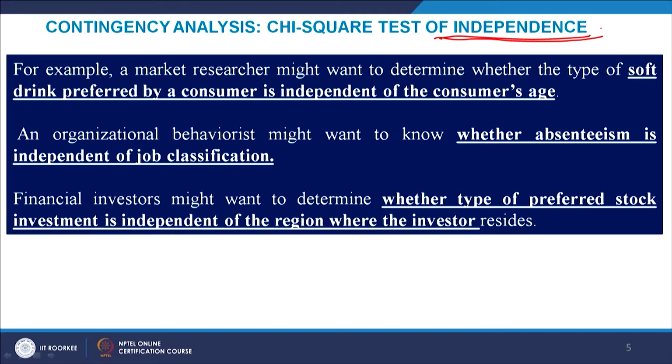So, we will say whether age is independent of coffee consumption, whether more studies is independent of good score, and so on, right. So, you can have several types of hypothesis test wherein the two variables are independent of one another.